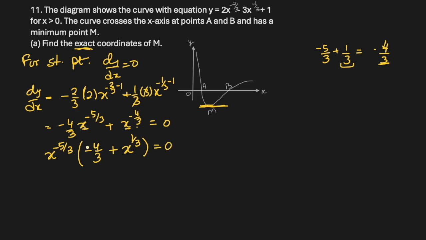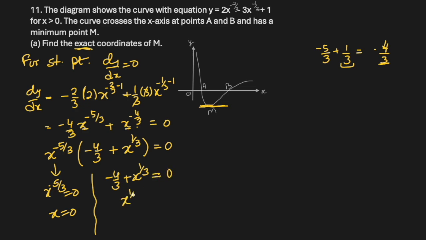Now, if this is equal to 0, I'll equate both of them equal to 0. So x to the power minus 5 over 3 equal to 0. That gives us x equal to 0. That means there is a stationary point somewhere here also, which we do not want. This is the one which may work. So minus 4 over 3 plus x to the power 1/3 is equal to 0.